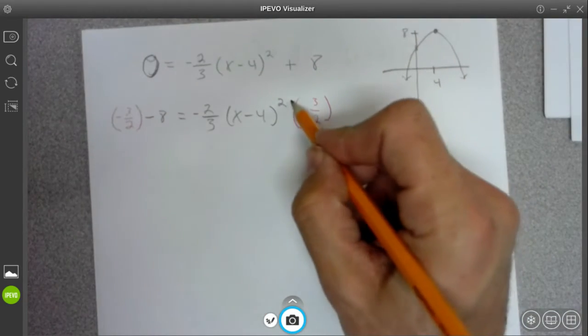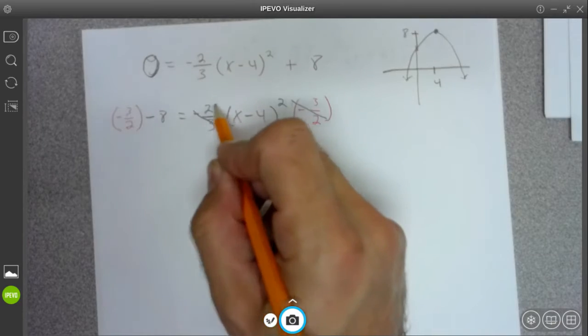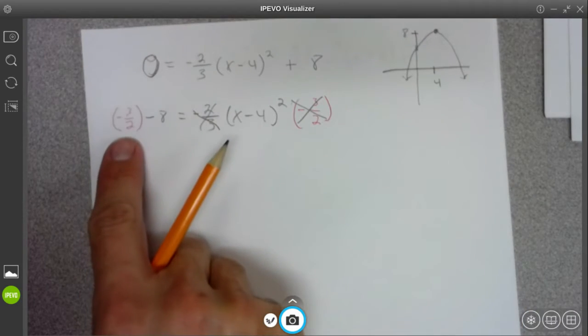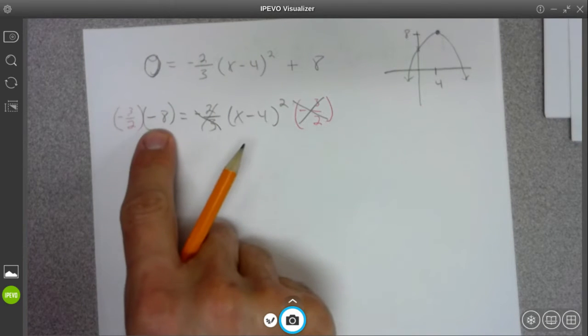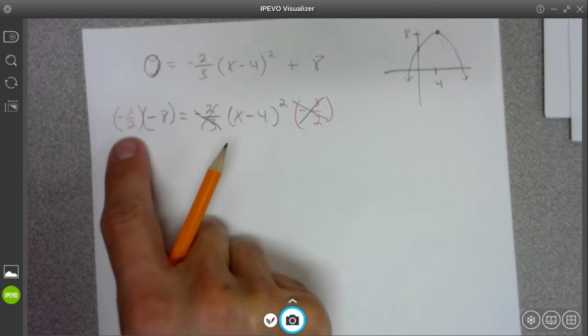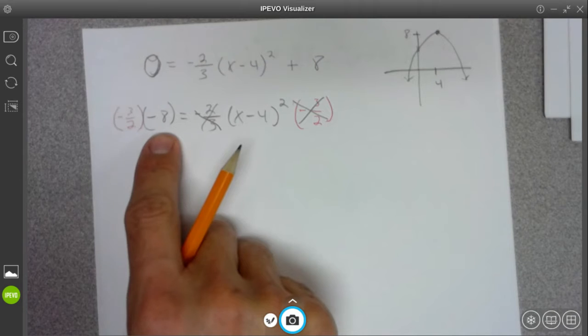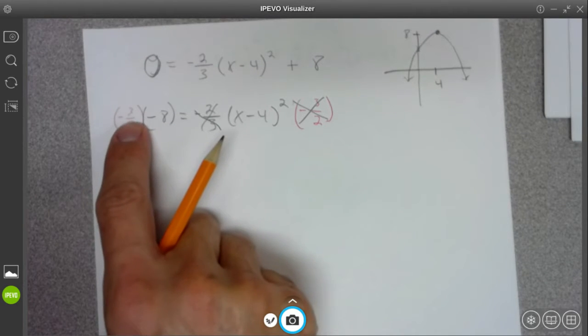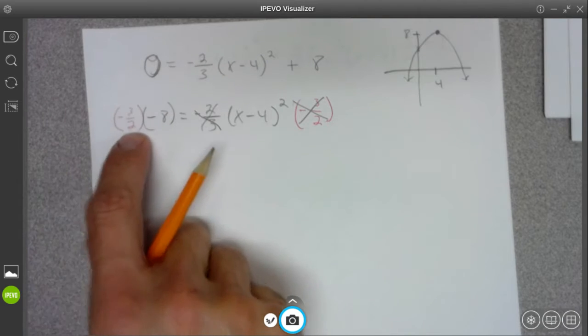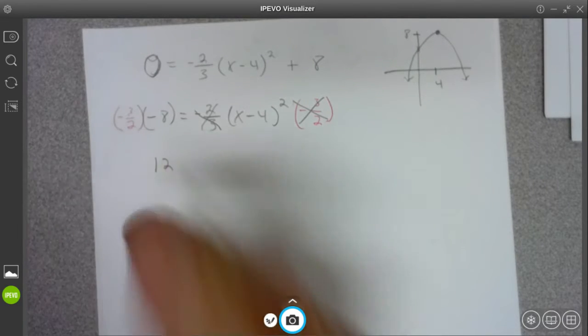So here we can cross that one and that one out. On this side, we're multiplying these two. So a negative and a negative is a positive, and then you've got to do 3/2 times 8. So 8 times 3 is 24, and then 24 divided by 2, and that is 12.